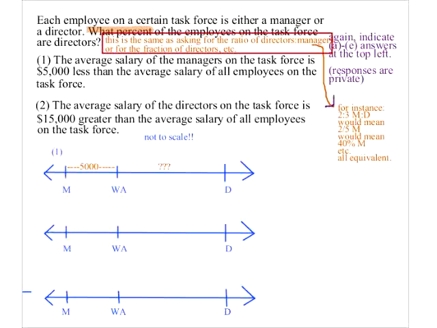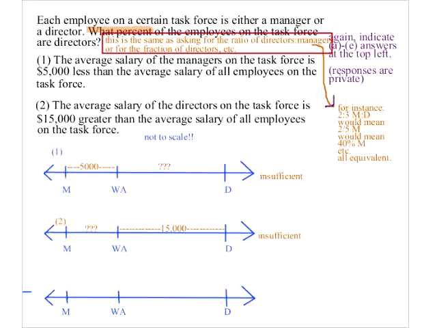If we know this ratio, then we know the quantity ratio, but if we don't, then we don't. In statement 2, we don't know what this distance is, but we know that this distance is 15,000. That's still insufficient, though, because we don't have a ratio.